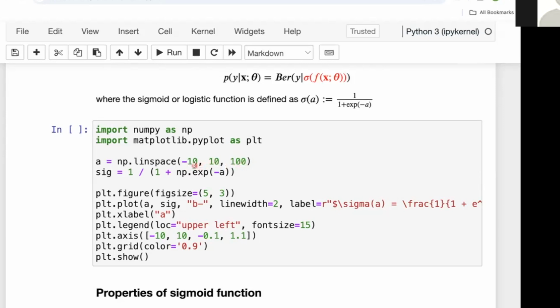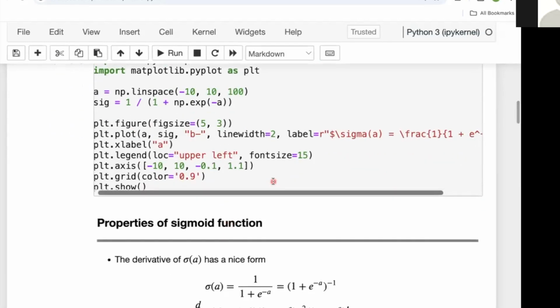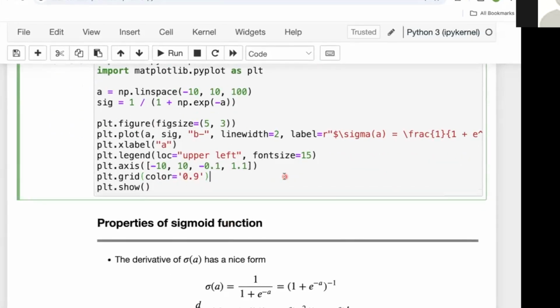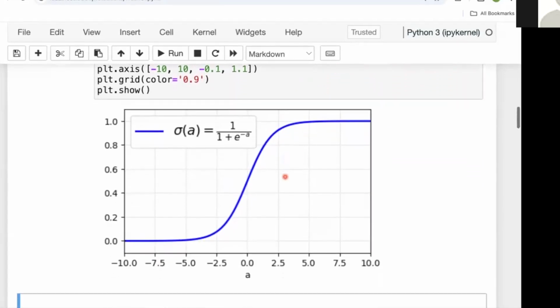You can change these lower and upper limits to anything you want, for example -100 to 100 or -5 to 5, and then you define your function, and we plot x versus y values. The rest of the things here are just customization to make sure we properly label the x and y axes, etc. So here it is.